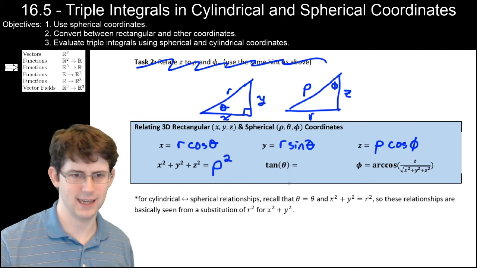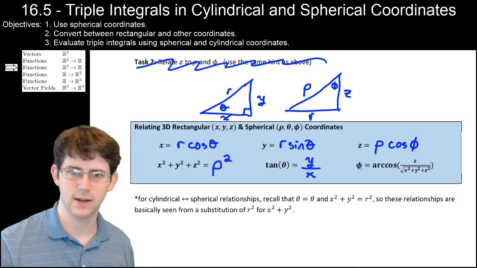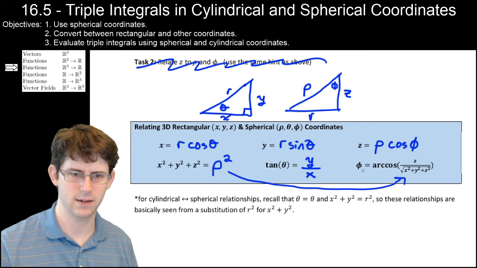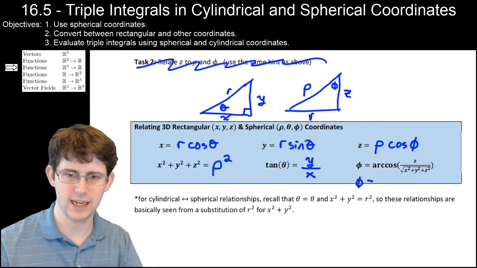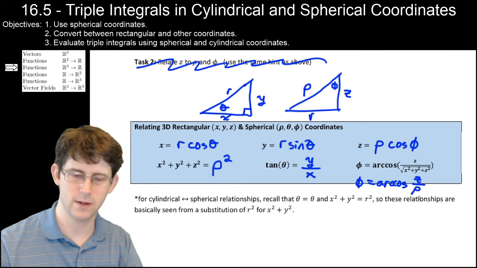And then we can write down what the tangent of theta is. It's y over x. And phi is the arc cosine of z over rho. So phi is arc cosine z over rho.